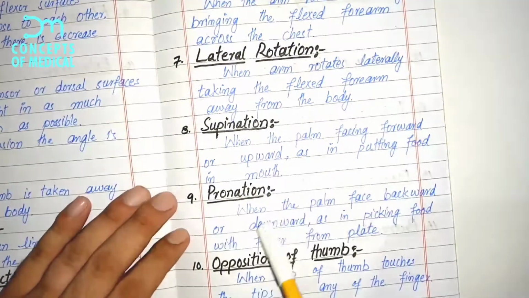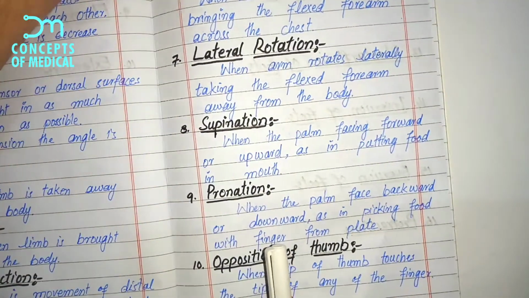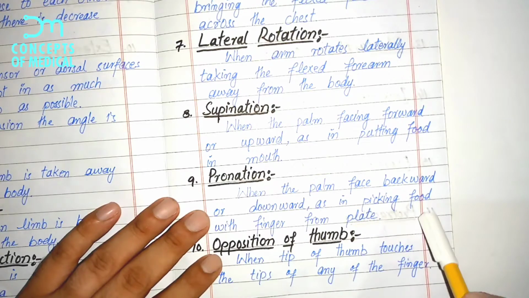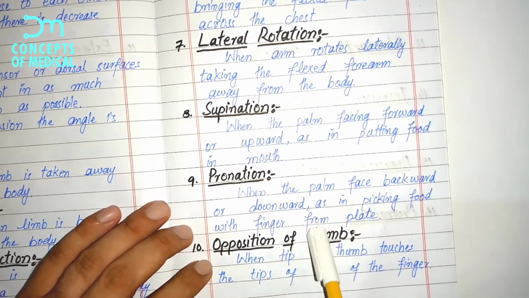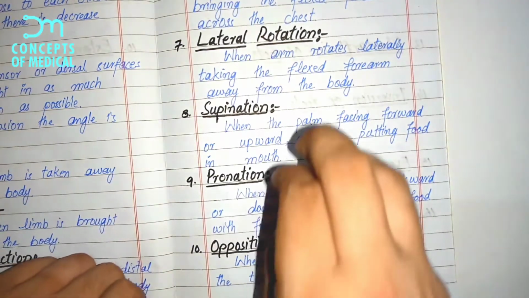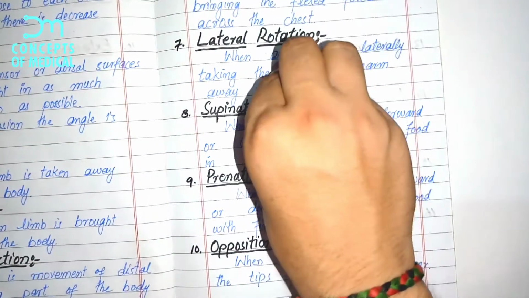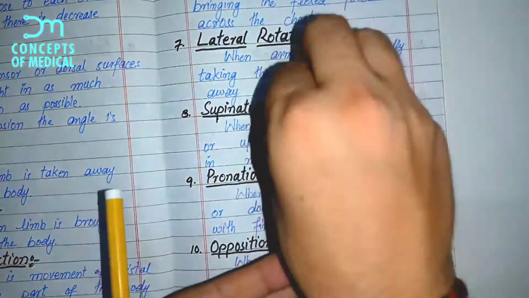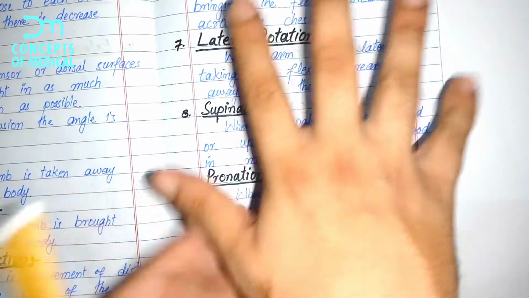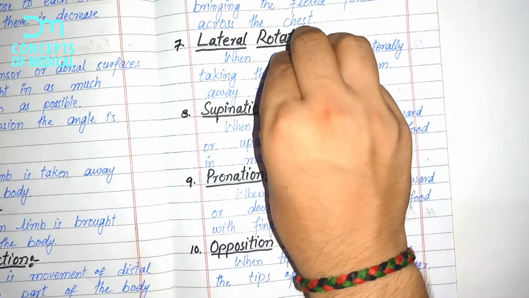And pronation is when the palm faces backward or downward, as in picking food with the fingers from a plate, right? When we pick food from a plate, our palm is facing downward or backward, so this movement is called pronation.